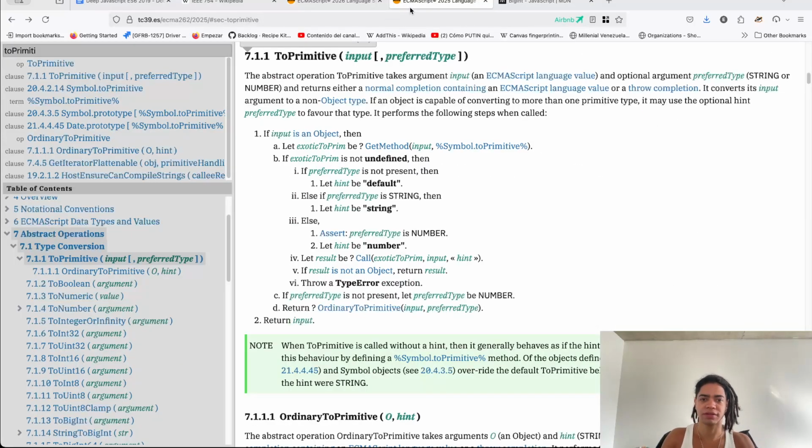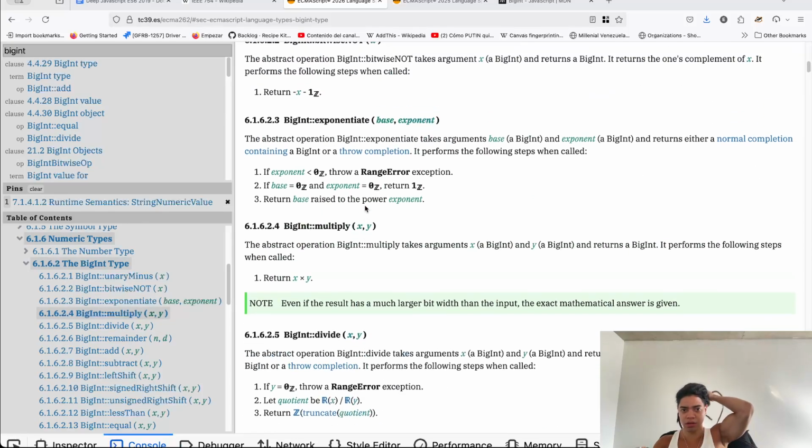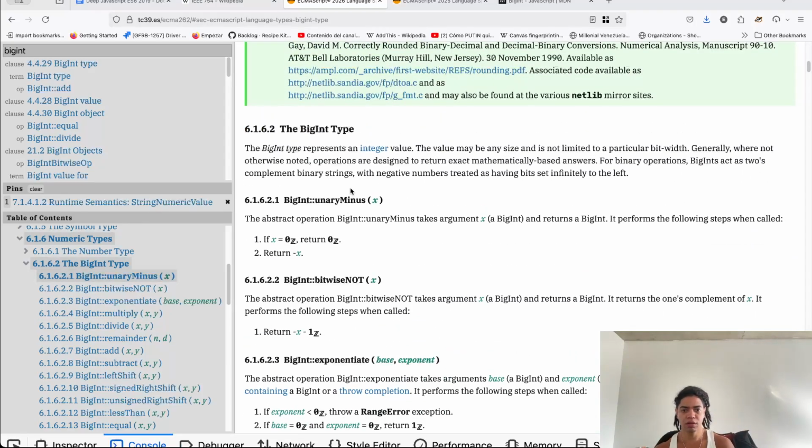But what is this? BigInt unaryMinus, the abstract operation. Oh, and when you talk about abstract operations here, okay, it makes a lot of sense. So these abstract operations are how the type conversions happen.